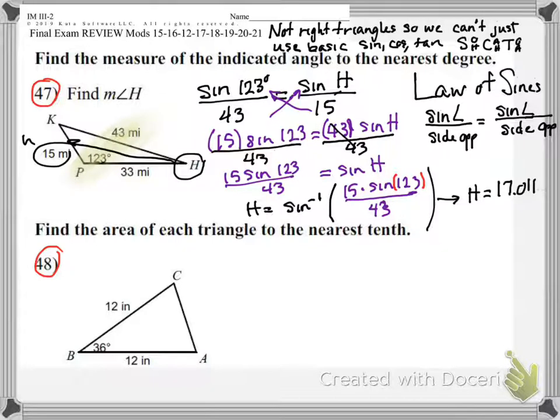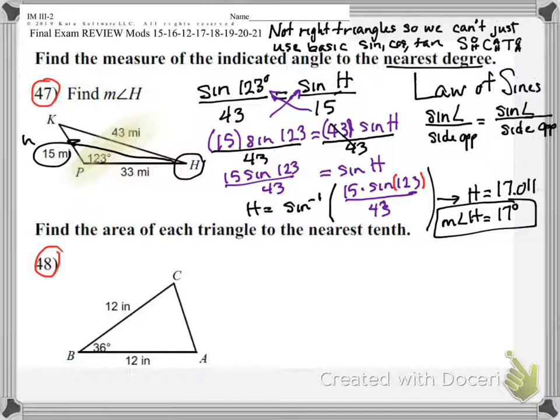Yeah, I paused and put it in my calculator. I got 17.011, and it says round to the nearest degree, which means round it off to a whole number. So I can say the measure of angle H equals 17.0, so just 17. And of course, don't forget to put those degrees on.